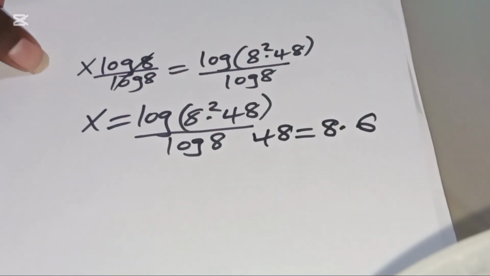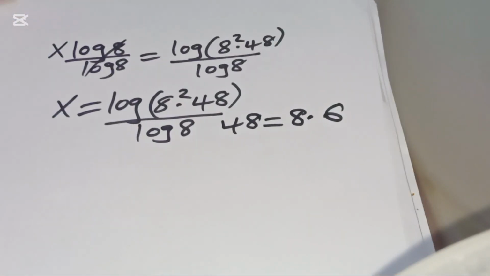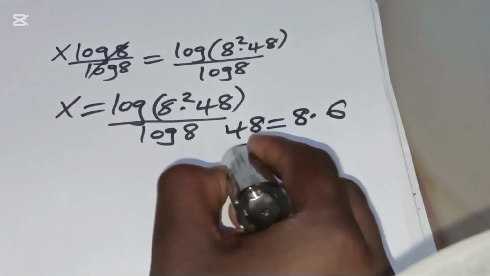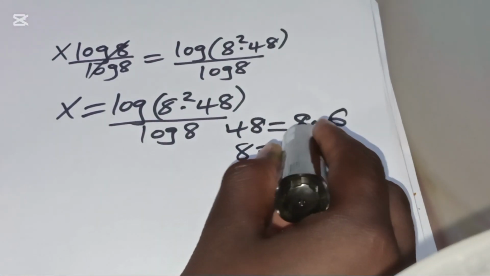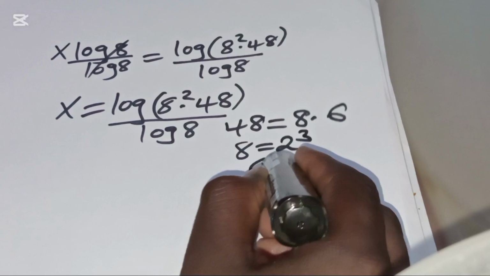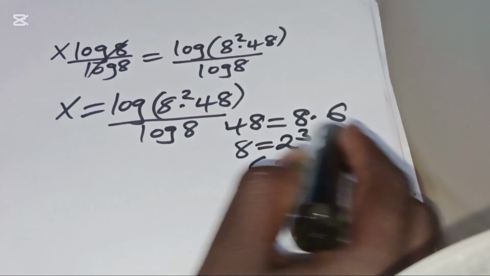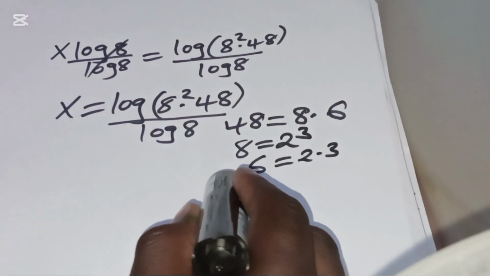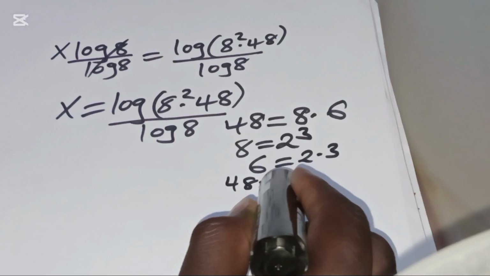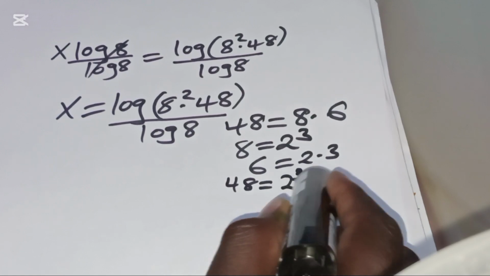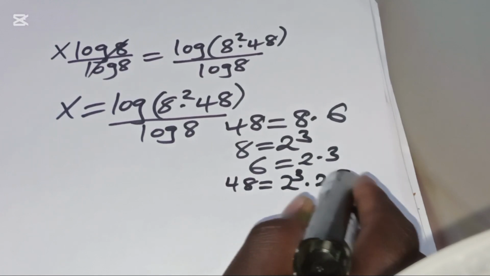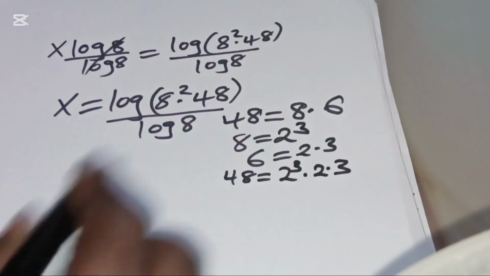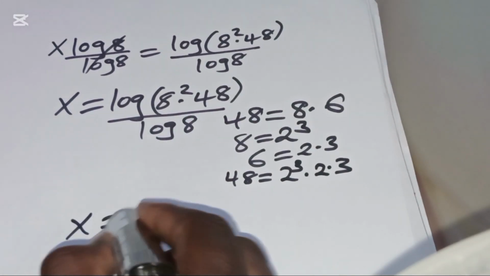We can express further, 8 as 2 to the power 3, and 6 as 2 multiplied by 3. So that means 48 can be expressed as 2 to the power 3 multiplied by 2 multiplied by 3.